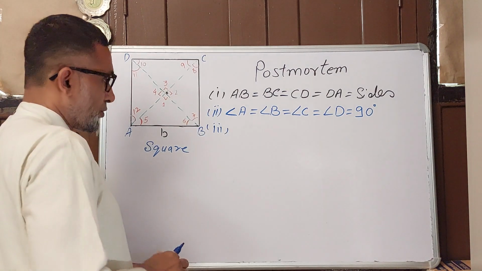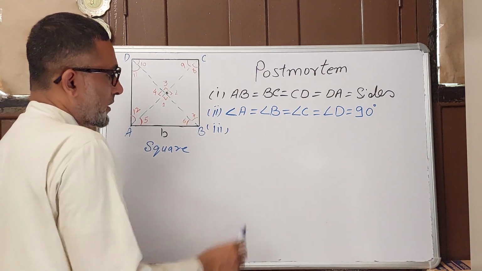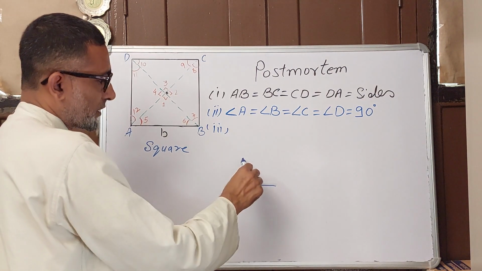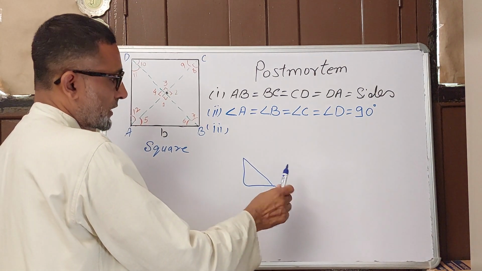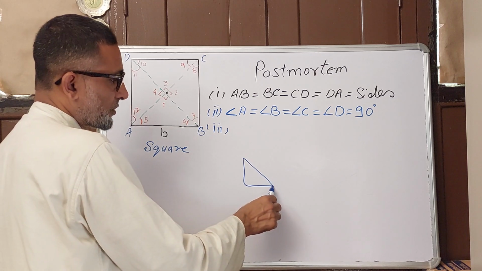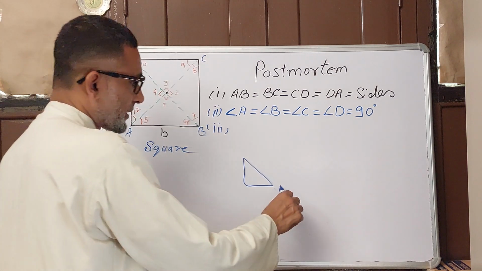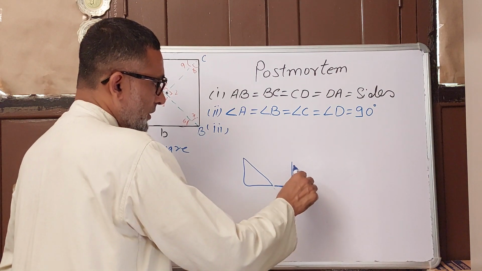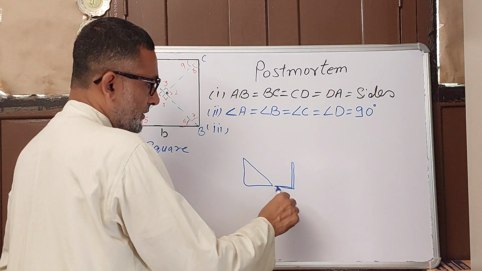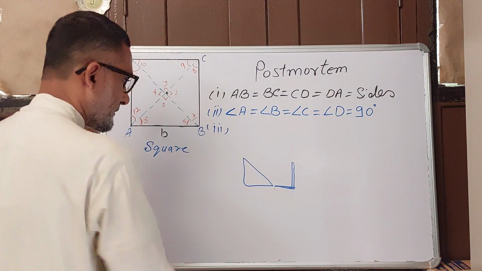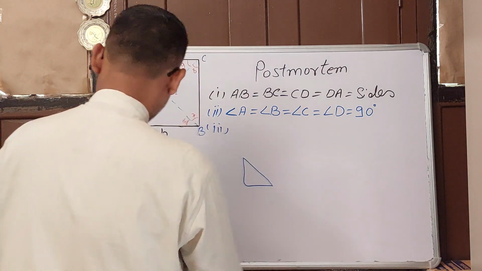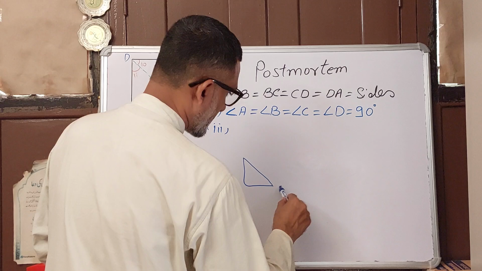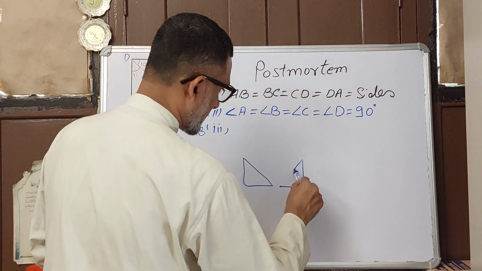You can easily assume that when this line and this line are equal, and you draw this line, its length will be the same if you just shift it. This is the same triangle, just by moving its sides.